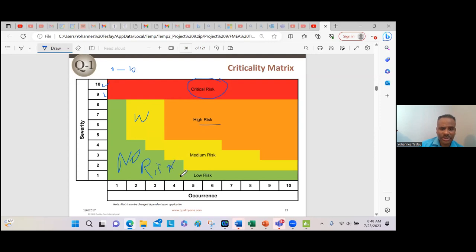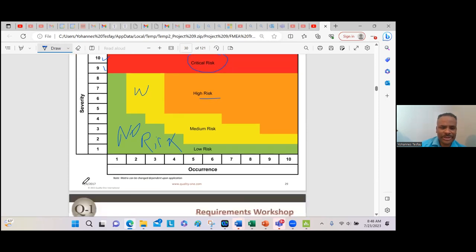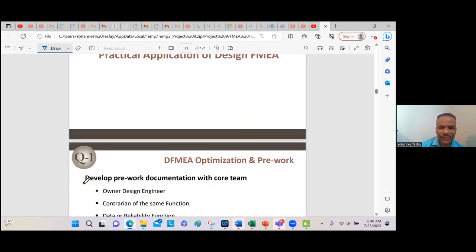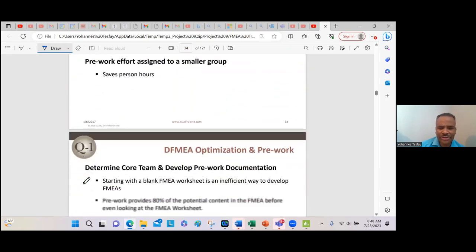So this is going to be your way of determining what it is with respect to risk. So this is a criticality matrix that you develop. So if you remember your project on the robot, your first project, you already developed some risk metrics for the failure. So just like that. So those are applications.